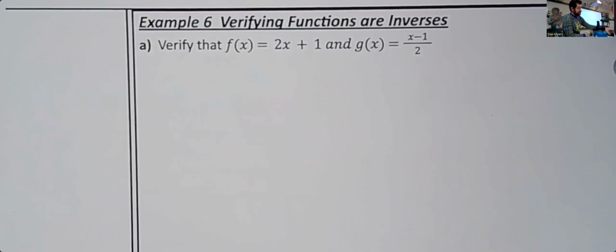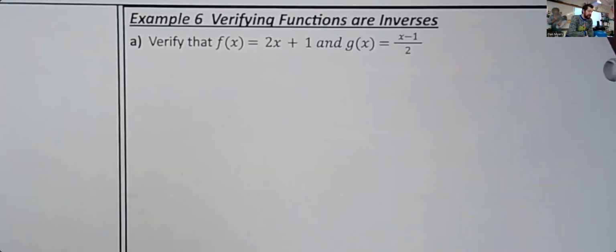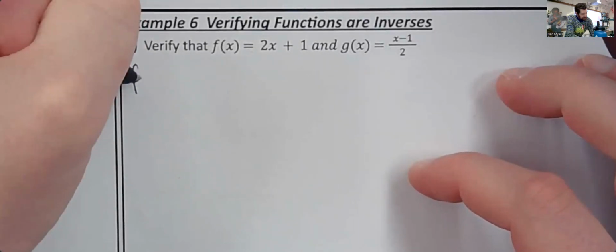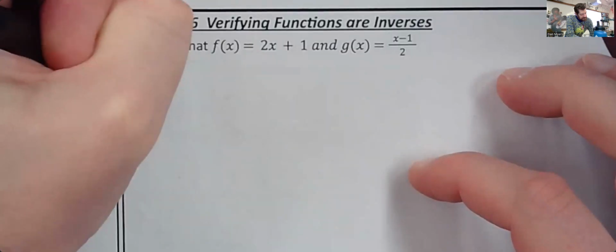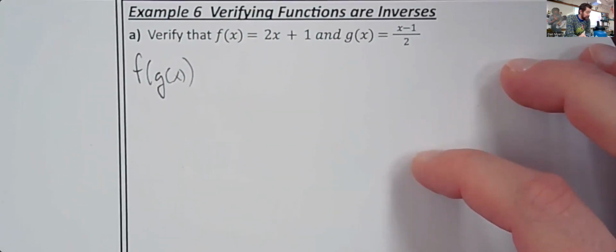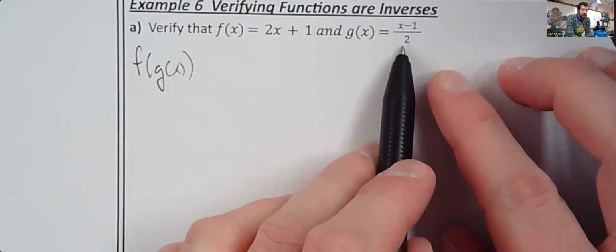All right, so here's what we're going to do. We're not going to plug in any values for x. We're actually going to plug one function into the other function. So in order to verify if functions are inverses, that means when we take f of g of x, we're going to replace x with the entire function of g of x.